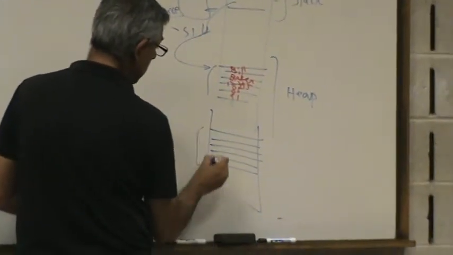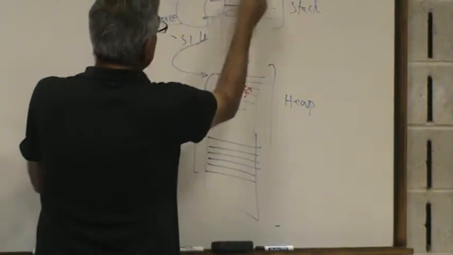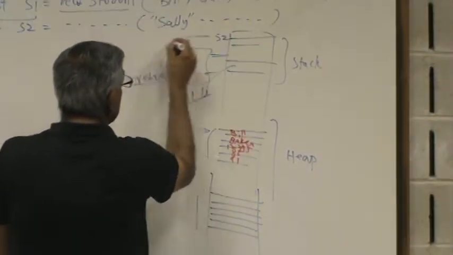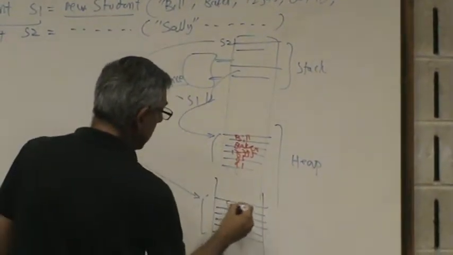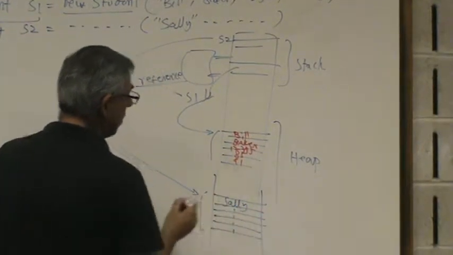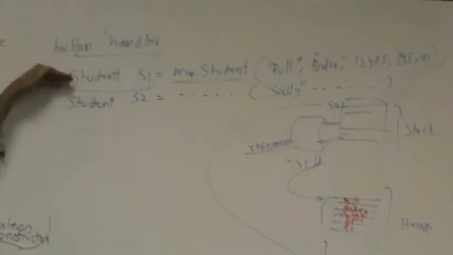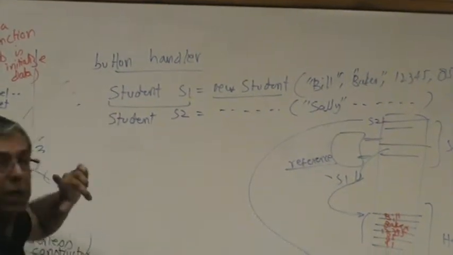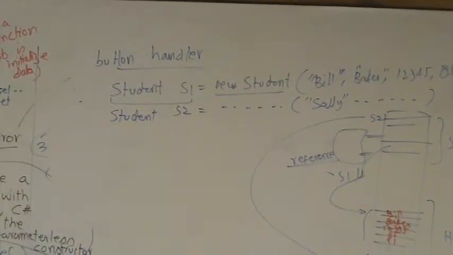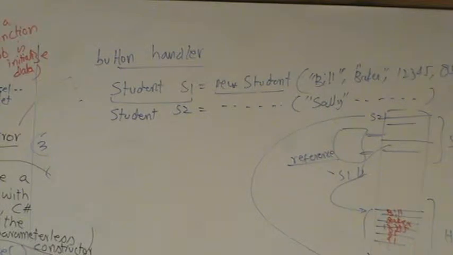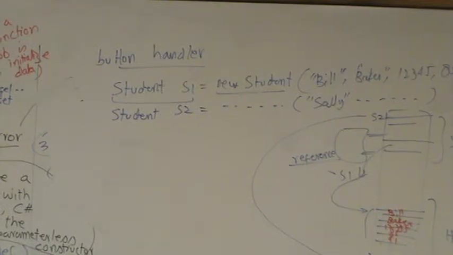Okay, so this one is S2, and this S2 will be pointing over here, and it will contain Sally and the rest of the data. So as you can see, to initialize one student, how many lines of code do we have to write now? 1, whereas previously we had to write 5 lines of code. So the constructors make our life easy, right?